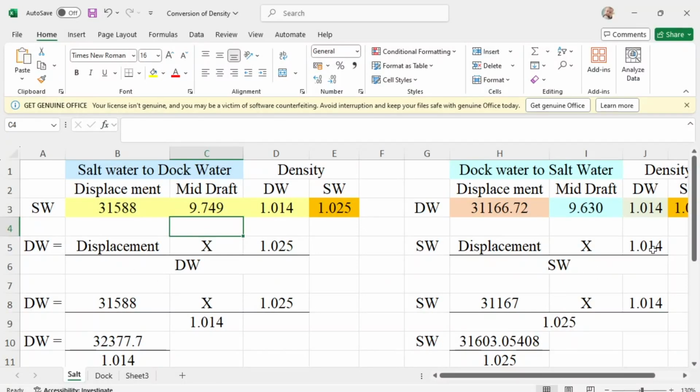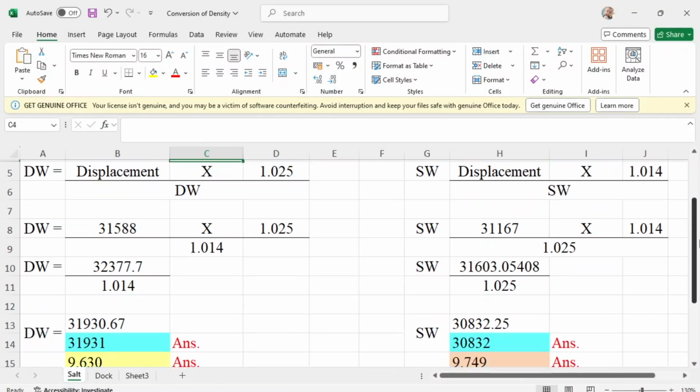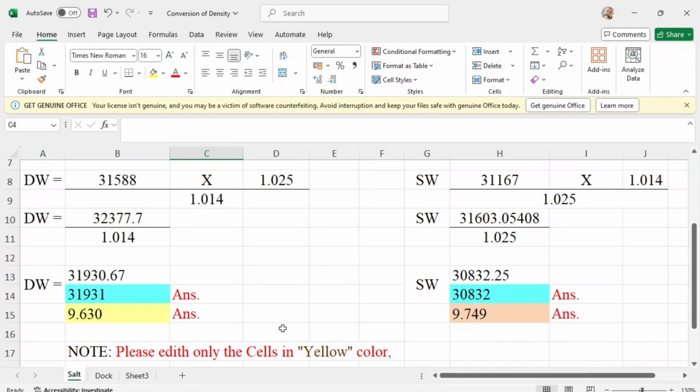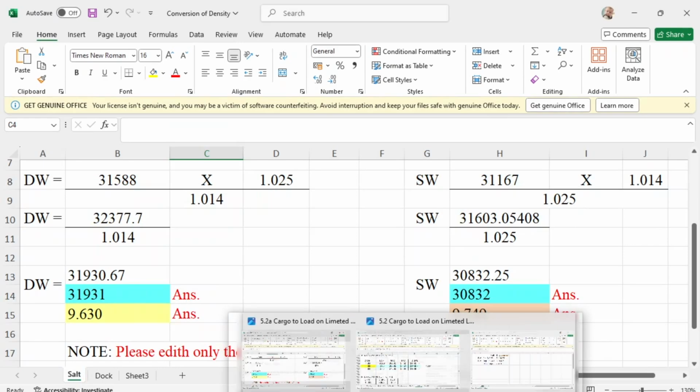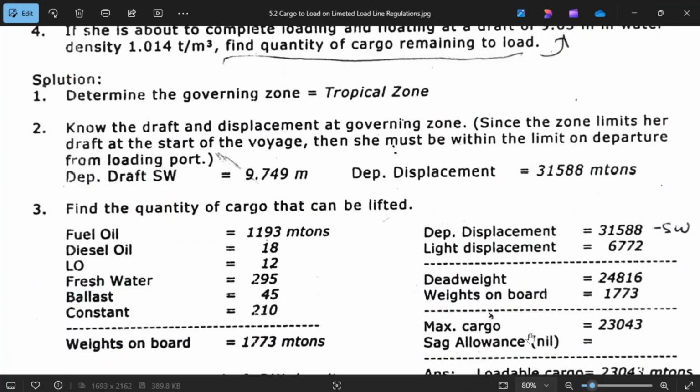Salt water. And this dock water will be 31930.